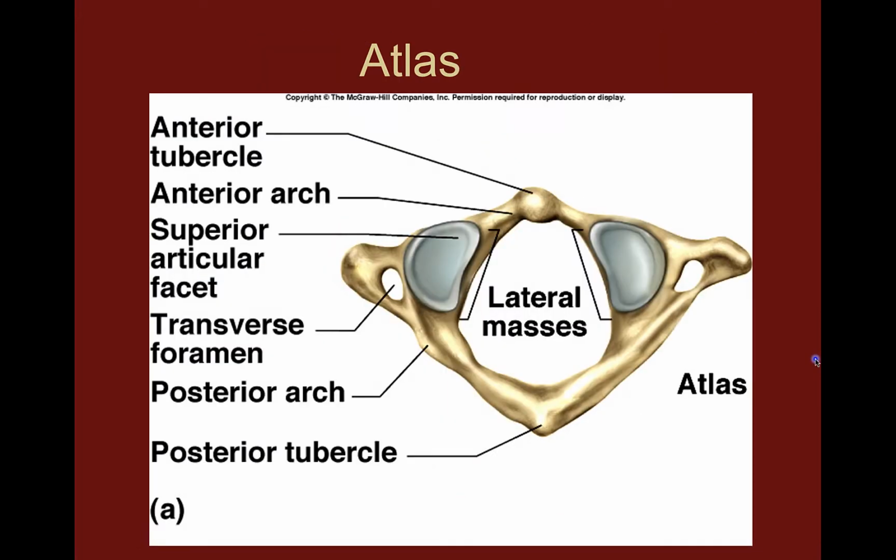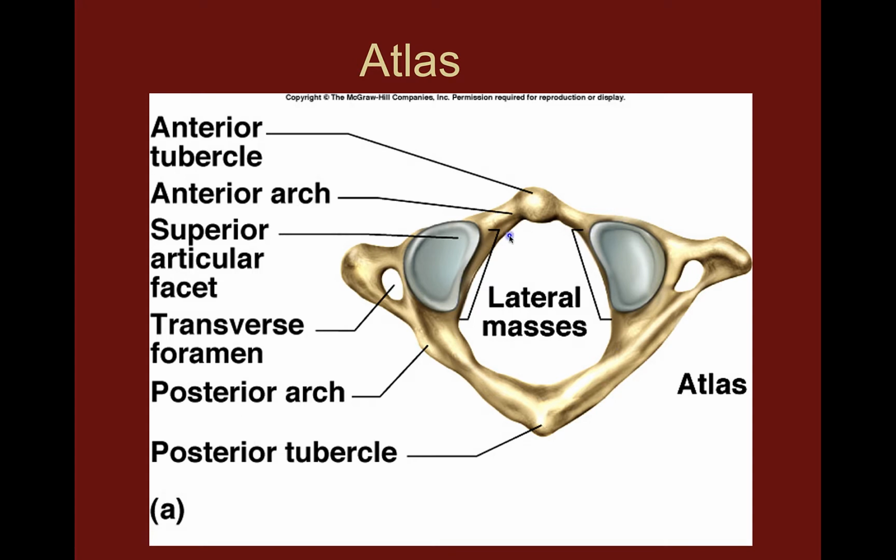Some features that you'll need to know on the atlas, I already mentioned one, our anterior tubercle. We can see our anterior arch right over here. Here's that superior articular facet, the transverse foramen that's indicative of cervical vertebrae, posterior arch back here, and the posterior tubercle. We don't have a body in this vertebra, so we have these lateral masses on both sides here.